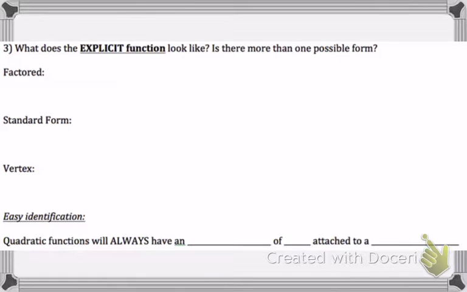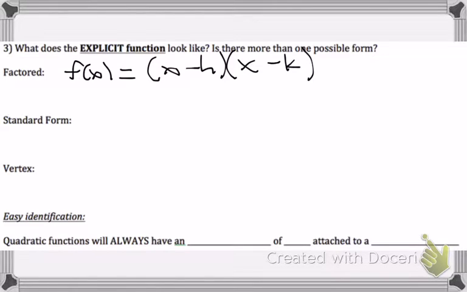All right, so what does the explicit function look like? Is there more than one possible form? I'm going to write some different forms down here for you, and you're going to experience these more in Math 2 next year. Factored form is going to look like f of x equals (x minus h)(x minus k), so two sets of parentheses where you are multiplying in between.